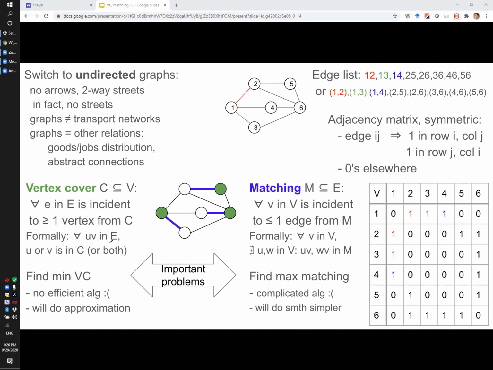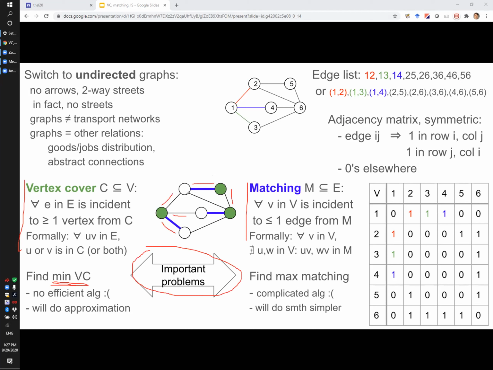Now we're coming after these definitions, so we know the definition of the vertex cover, and now the definition of the matching. Now let's look at some problems that are associated with vertex covers and with matchings. For the vertex cover, it is interesting to find the minimum vertex cover, right? So imagine that you want to install the smallest number of cameras to watch over all of your corridors or all of your roads.